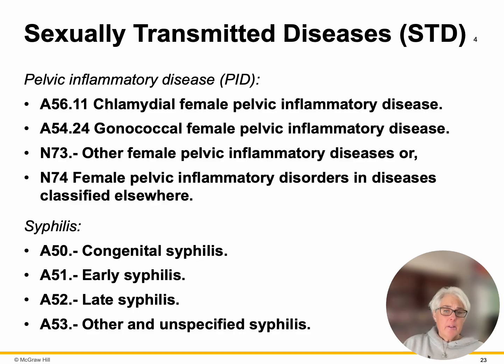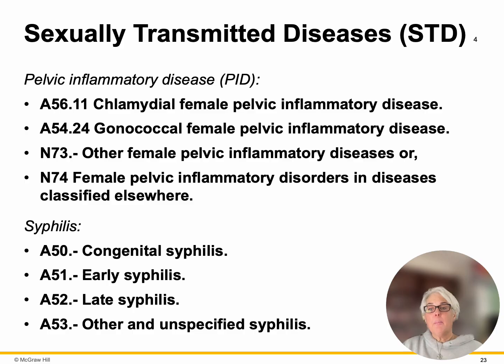Pelvic inflammatory disease, or PID, is an infection of the upper genital tract and often results from chlamydia or gonorrhea. With these diagnoses, I'm going to look for N73 or N74 codes and any link to a specific organism. For syphilis, I want to know if it's congenital, if it's early, late, or unspecified, because that changes the type of code I'm going to use.